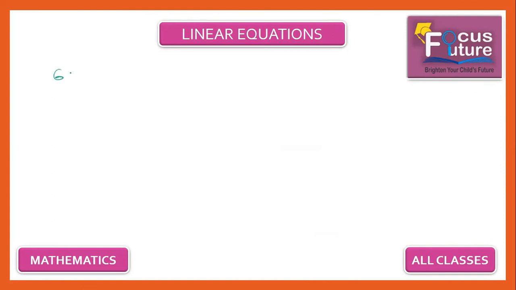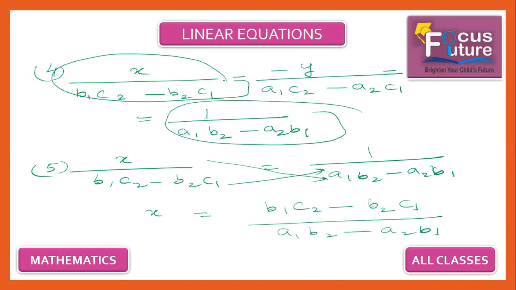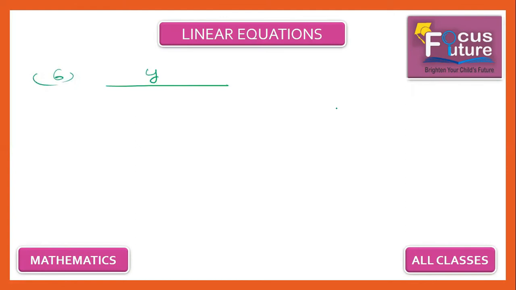Step 6. What is the value of y? So compare the other two equivalents, y and the constant. So minus y divided by a1 c2 minus a2 c1, that is equal to 1 divided by a1 b2 minus a2 b1.